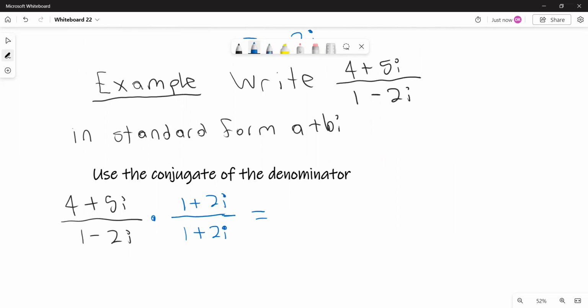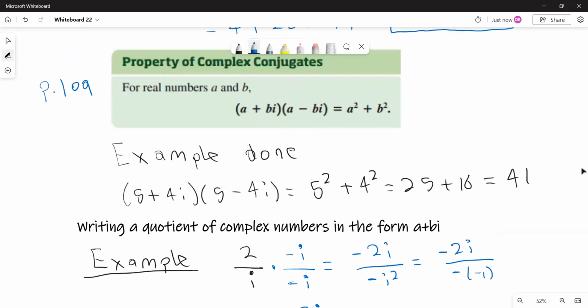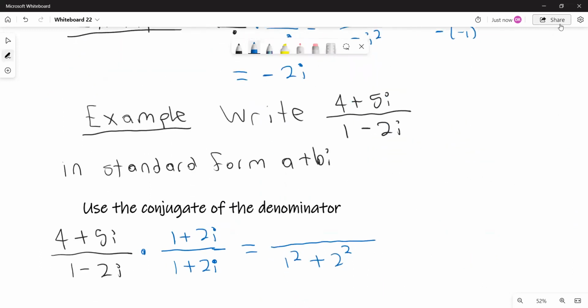Okay, so the denominator is going to be 1 squared plus 2 squared. I'm using the formula that we saw, that I copied. That's going to be the sum of the squares of the real part and the imaginary part.